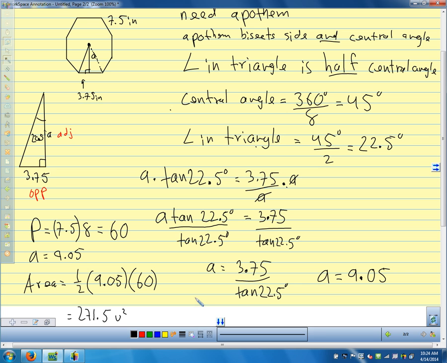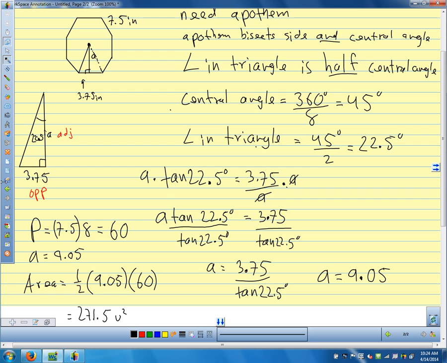Everything's the same as we've been doing before. We drew our little triangle just like we did before. We found our central angle. We talked about finding central angles. That was one of the first things we did when we started talking about polygons. And then we used Sohcahtoa to find our apothem. All right, you're good with that example.